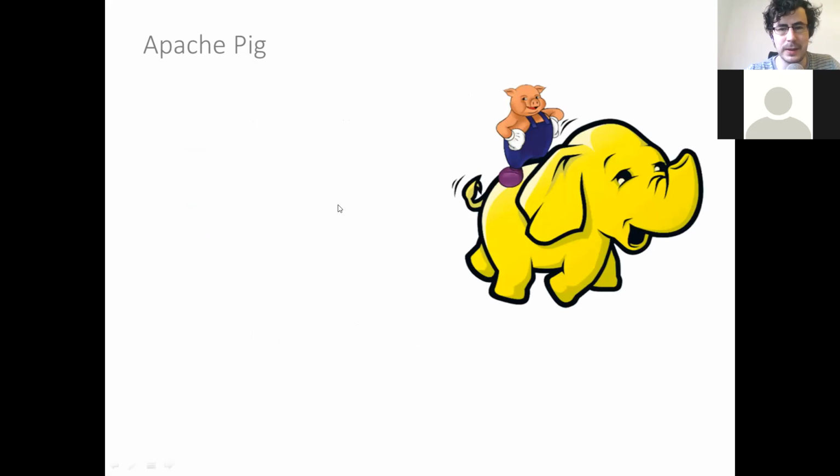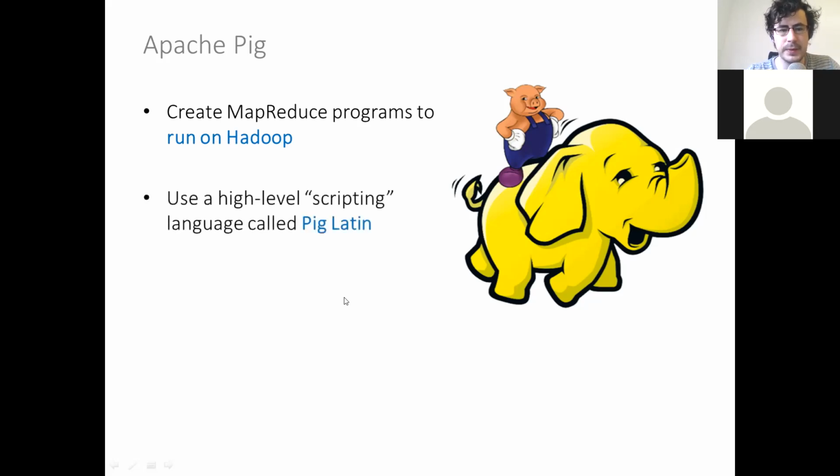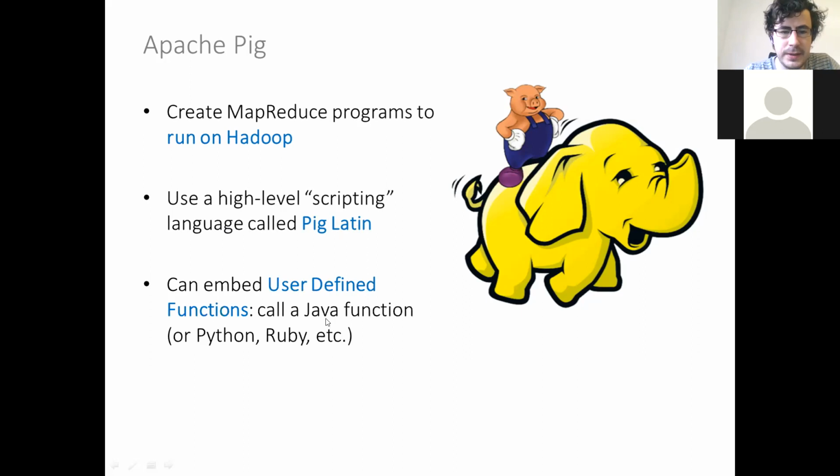It's not exactly SQL, but we're going to create MapReduce programs to run on Hadoop, but we're going to use a high-level scripting language that's called Pig Latin. And the idea will be that the scripts we write in this language will be translated to MapReduce jobs in Java and run on Hadoop. So if we need some special Java code or Python or Ruby or whatever, we can implement user-defined functions that do specific functions in case there's something we need that's not in the scripting language.